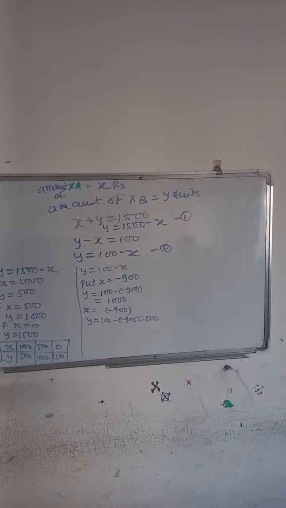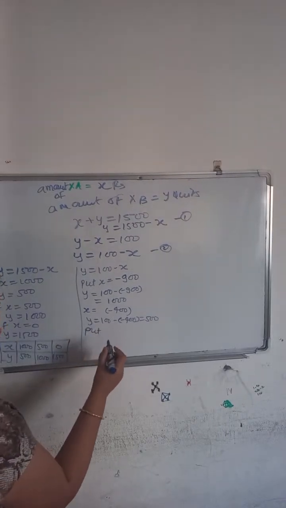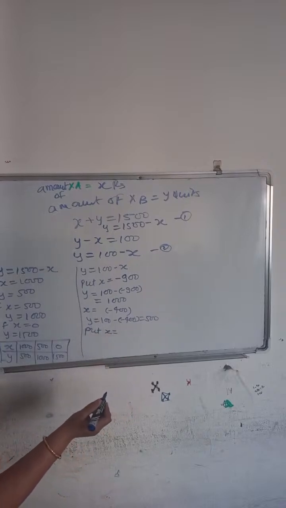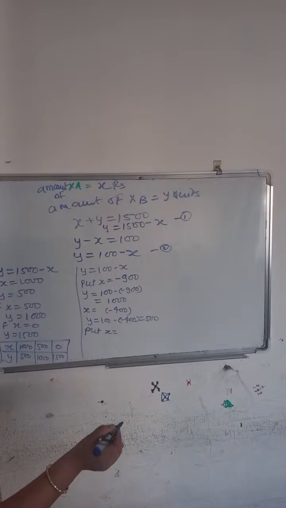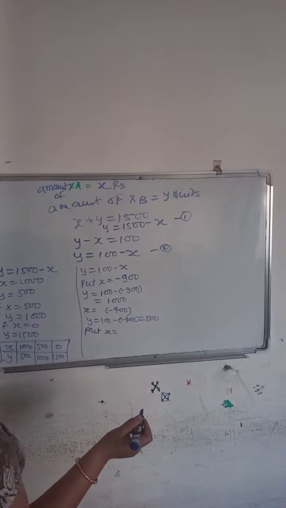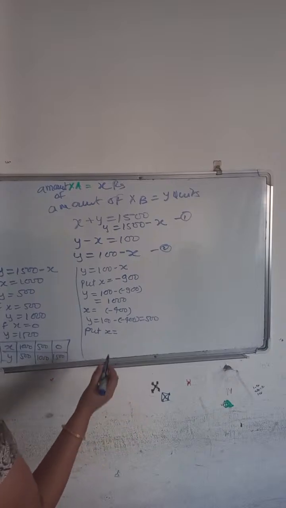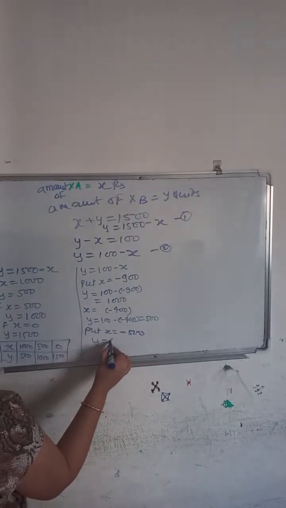Okay, third coordinate also we can find out here. Check third coordinate, find out. Everyone is alive, no? Put x is equal to, suppose if I am keeping minus 500, then y I am getting 600.